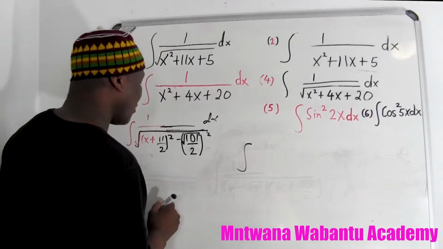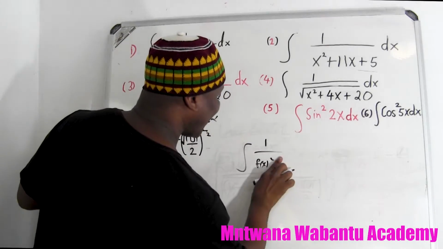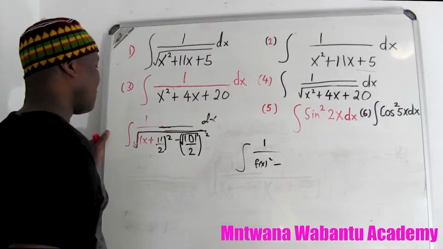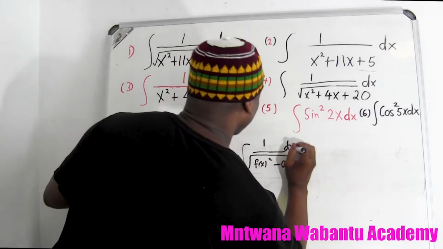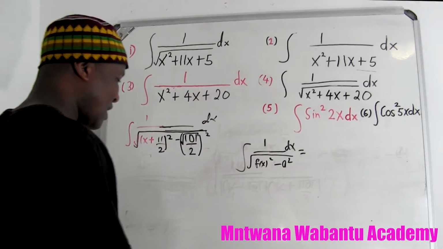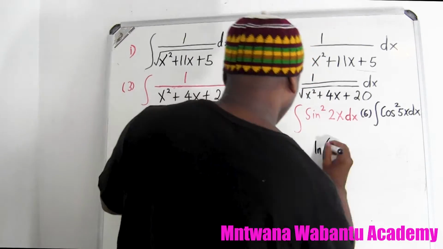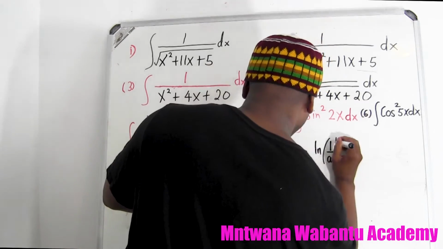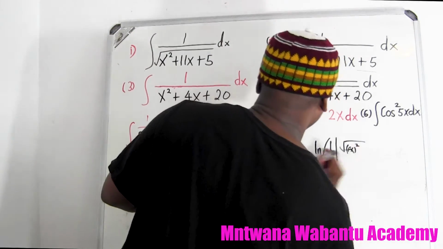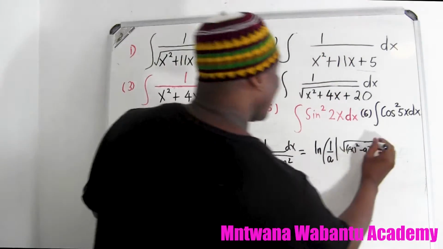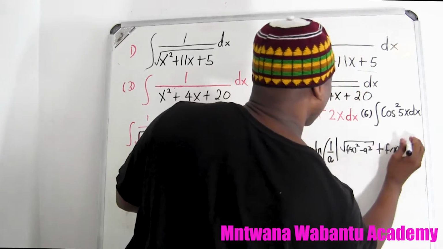We have a rule which says if you have an integral, let's say 1 over the square root of f of x squared plus or minus a squared dx, since there's a root, this becomes 1 ln bracket 1 over a, and then you put your absolute: 1 over ln 1 over a, and then write exactly f of x, and then you plus the root of f of x, and then you plus c, and then you close the bracket. That's how you do it.